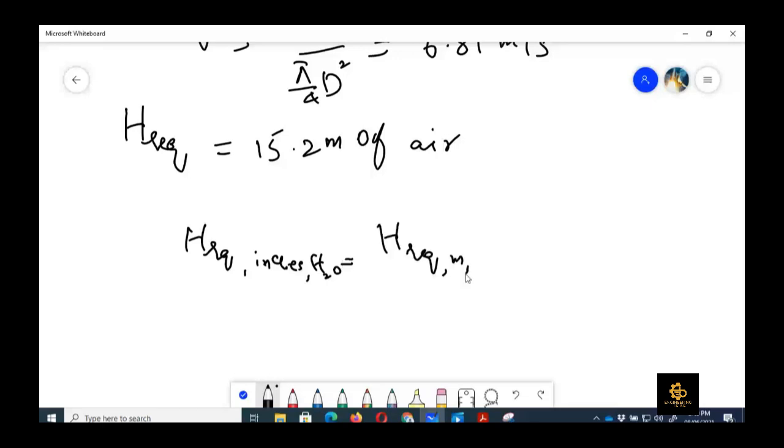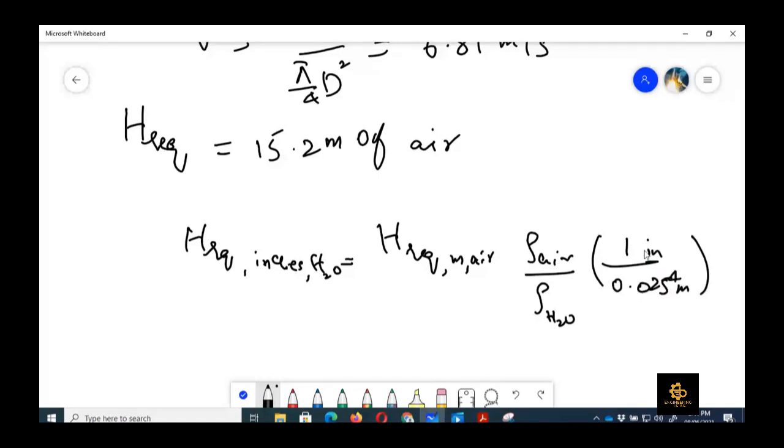So meter of air can be converted into inches. First of all, rho of air divided by rho of H2O, and then from meter to inches, we multiply by 1 divided by 0.0254 meter, since 1 inch is 25.4 mm, so that is 0.0254 meter.